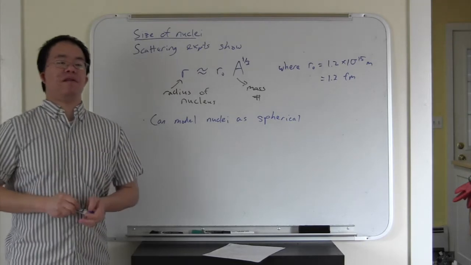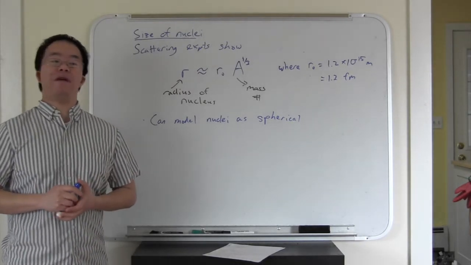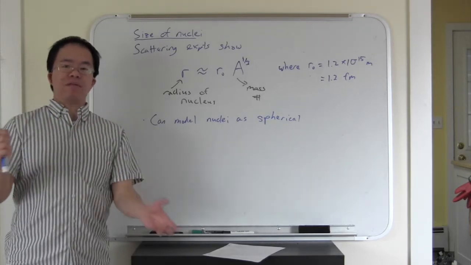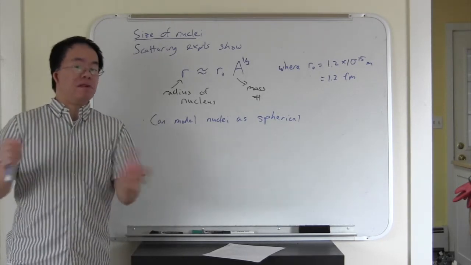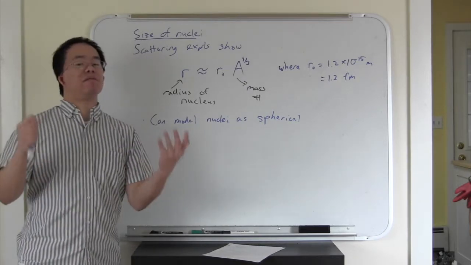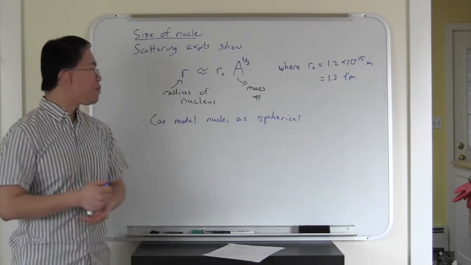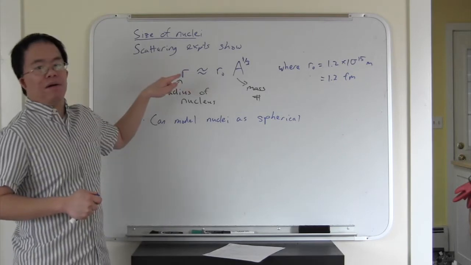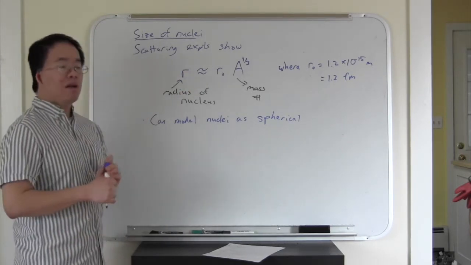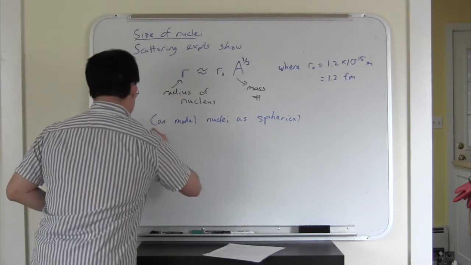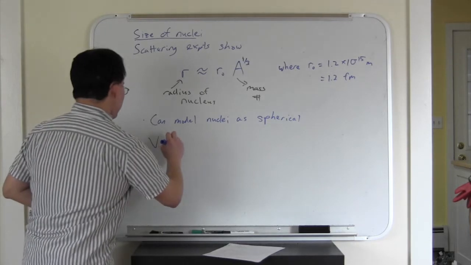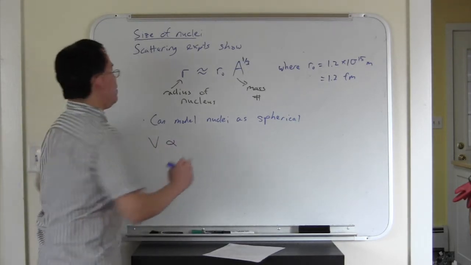There's something called a liquid drop model for nuclei, and just as isolated small drops of a liquid are spherical due to their surface tension, we can think of nuclei as being roughly spherical as well. There's something interesting about this scaling, right? Because the volume of a nucleus is going to be proportional to r cubed, right?